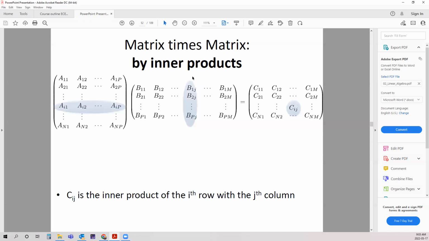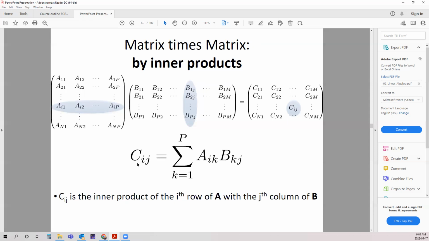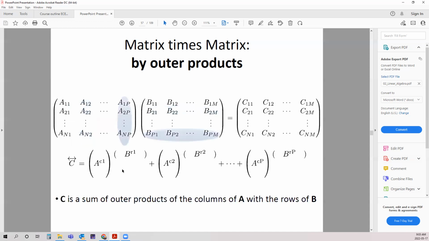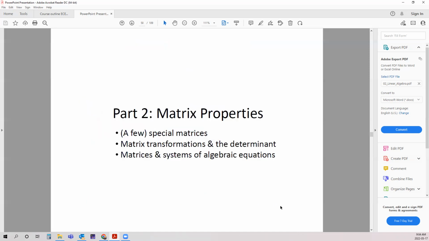Or C_ij equals the summation from k equals 1 to p of a_ik b_kj. So we take column 1 of A times row 1 of B, plus column 2 of A times row 2 of B, up to column p of A times row p of B, and we find C is the sum of outer products of the columns of A with the rows of B. So these are the three ways we do the product of two matrices.